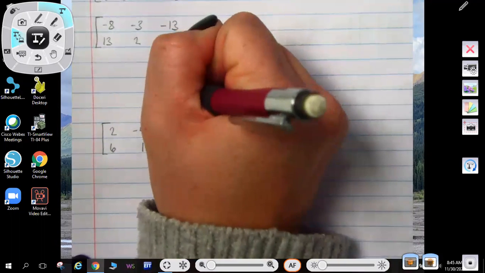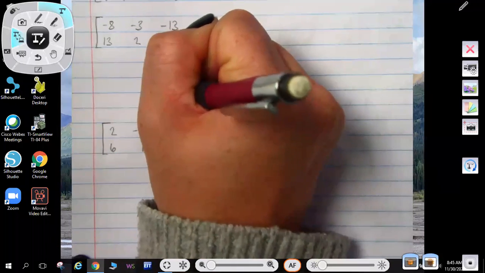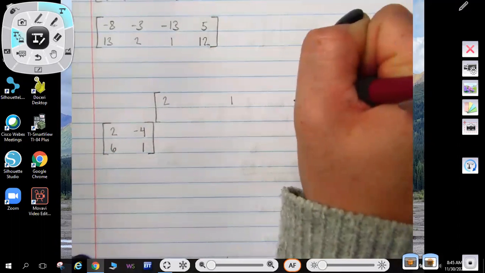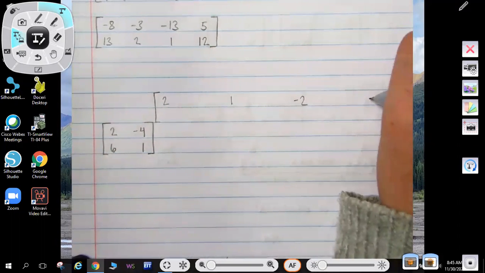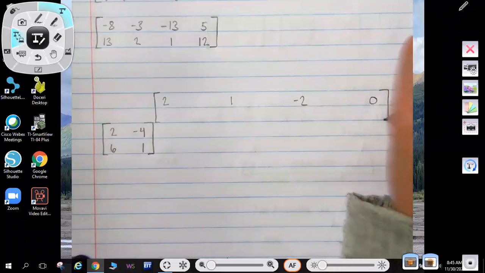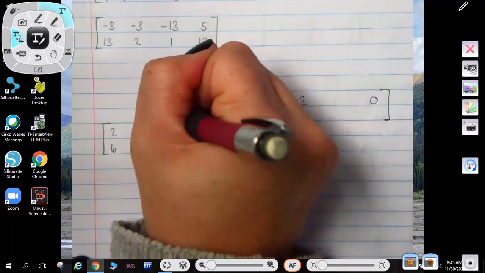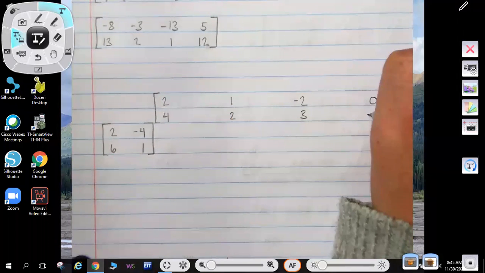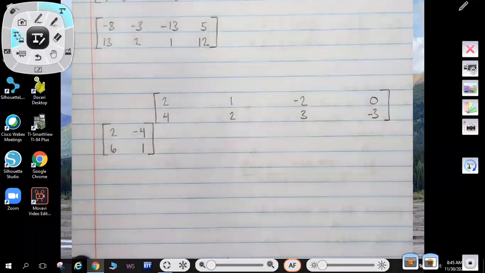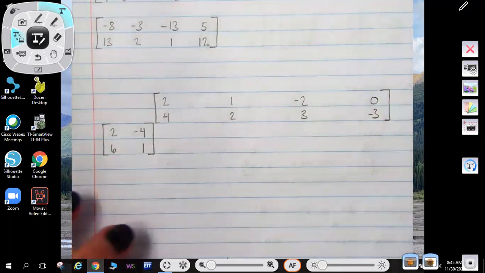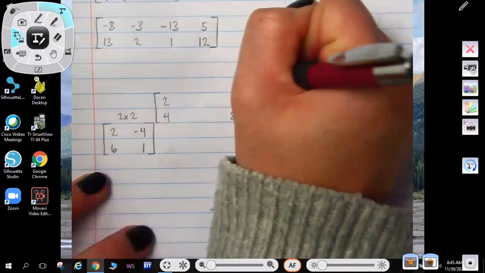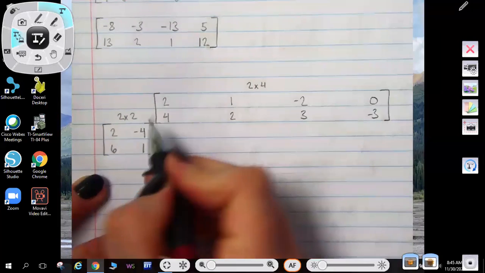So we have a 2 by 2 matrix times a 2 by 4 matrix.